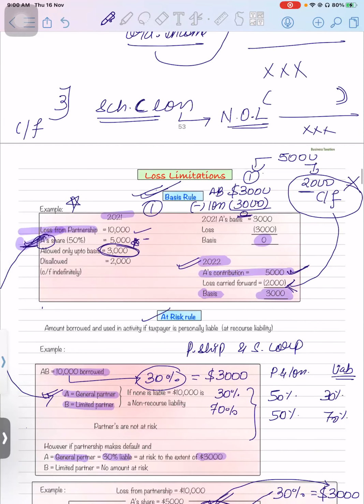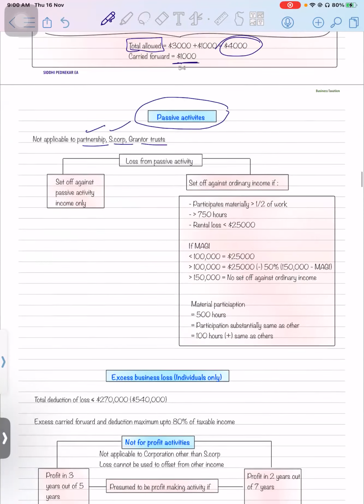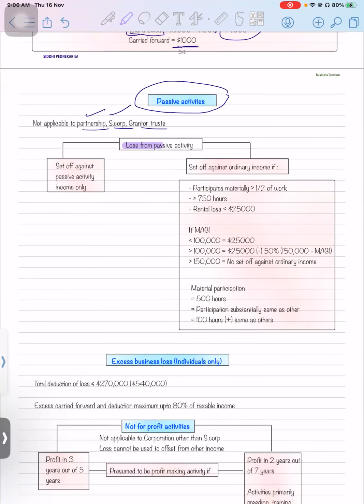Okay. So here, in case of passive activity, loss from the passive activity can be set off only against passive income. Meaning rental losses can be offset against your interest income, dividend income. Only that much can be offset, and the remaining will get carried forward.